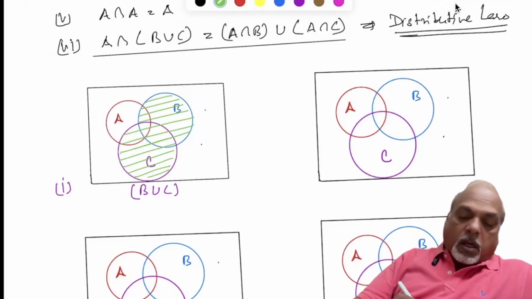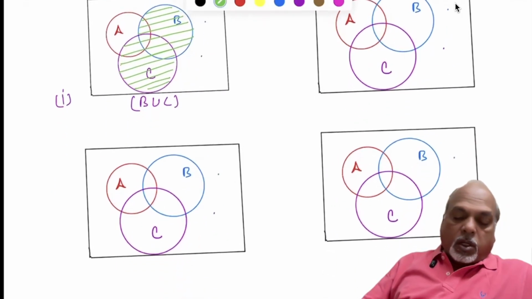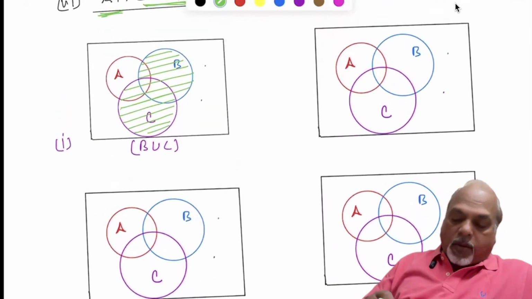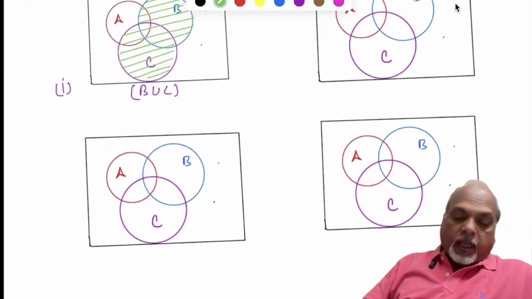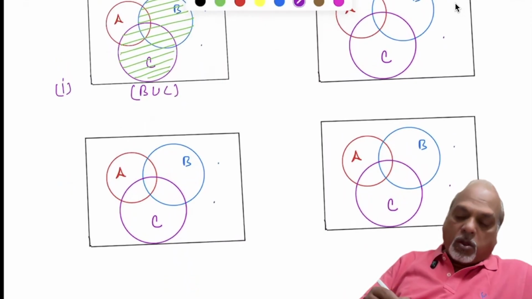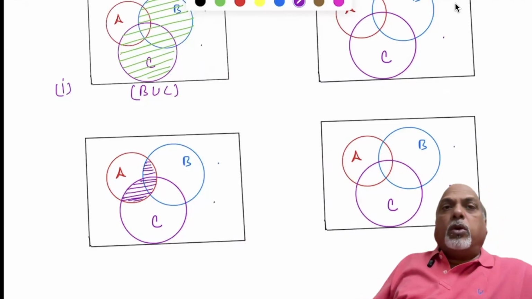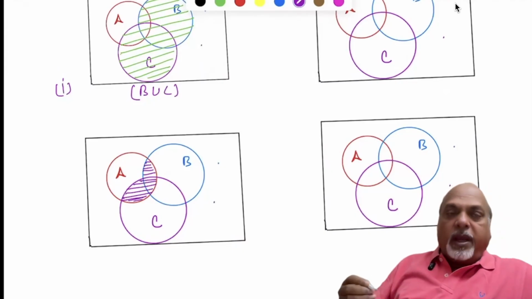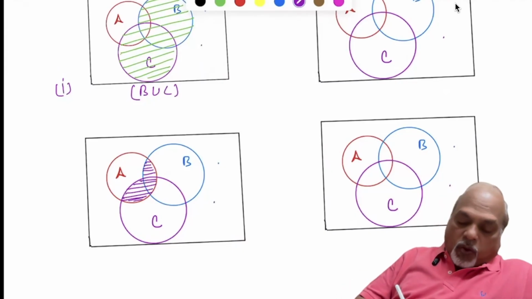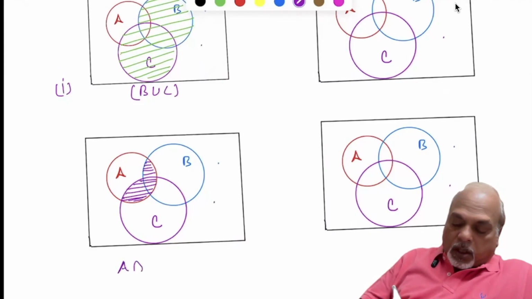Now this is your B union C, and then A intersection of B union C. So we have to see what is common between B union C and A. What is common? Common is nothing but only this much. So the portion of B union C which is common to A is only this much. So what is this? This is A intersection of B union C.